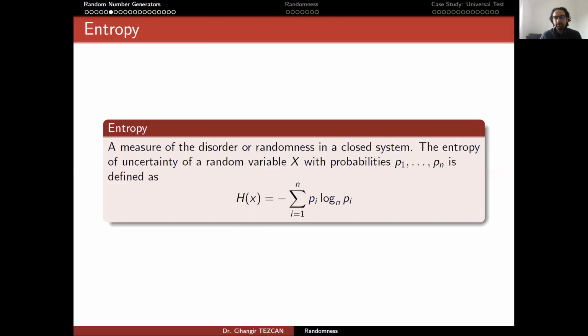So think about this as an example. Let's think about tossing a fair coin. It can be either heads or tails. So we have P1, which is 1/2, the probability of seeing heads, and P2, which is the probability of observing tails, also 1/2, and that's all. Our n in this case is 2. We have 2 possibilities, heads or tails.